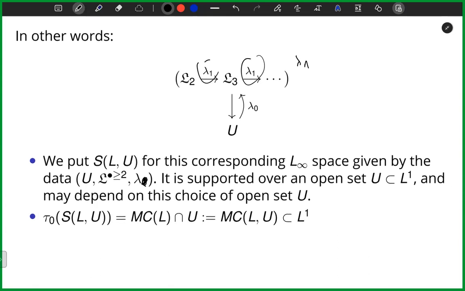So this SLU may depend on this choice of open set, and if we take its classical truncation, what we get is Maurer-Cartan elements that live on this open set. Maurer-Cartan elements of the original L infinity algebra L that are on this open set.